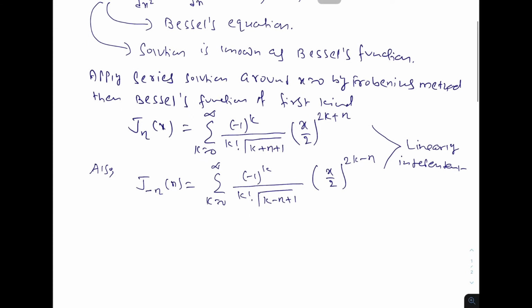So the complete solution of the Bessel's differential equation is y equal to c1 Jn(x) plus c2 J minus n(x).